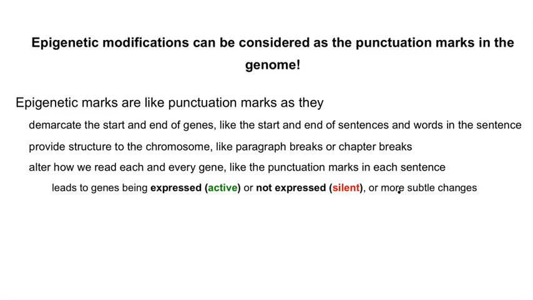But we also know that there are epigenetic marks, punctuation marks, that are associated with active genes, like exclamation marks, which say, read me now, use me now. And that means the gene is being expressed. But there can also be more subtle nuances, more subtle changes. For example, like a question mark in English, this will change the intonation that you'll use when you read the sentence, and it will also change the meaning, or an ellipsis in a similar way.